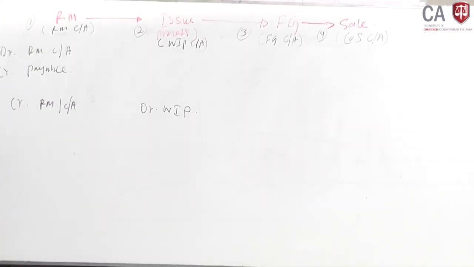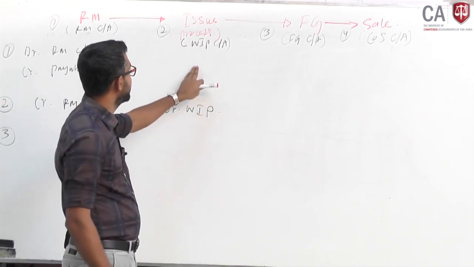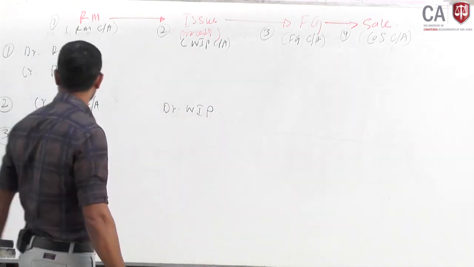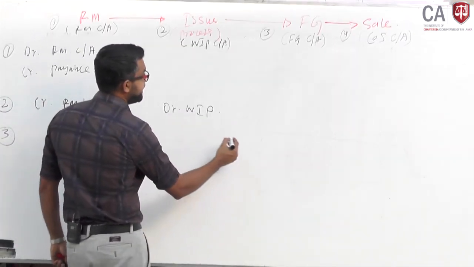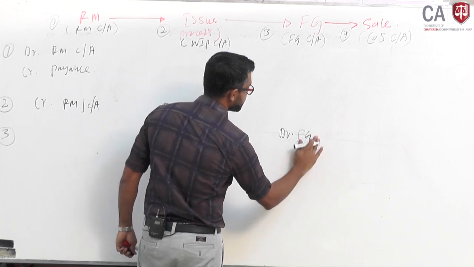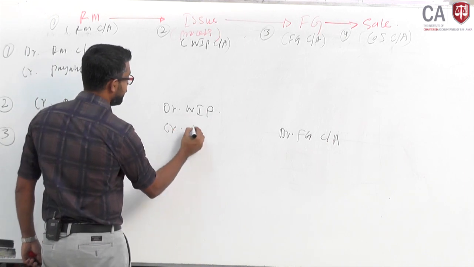Third one, when you transfer finished goods into the finished goods account, how do you record? Debit finished goods control account, credit WIP.